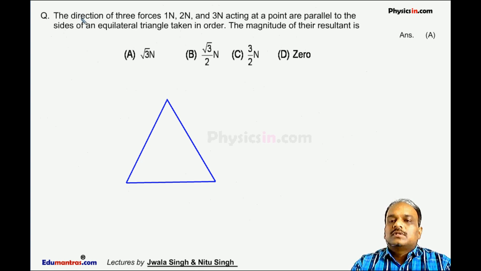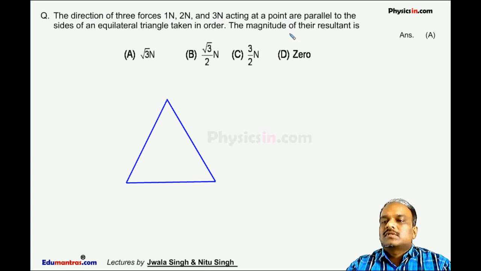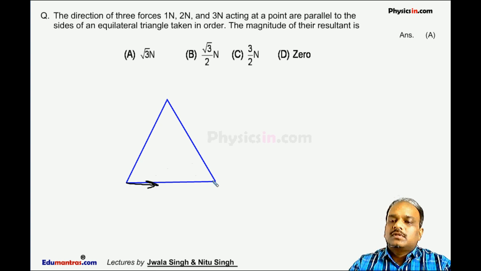Next question. The directions of three forces 1 Newton, 2 Newton, 3 Newton, acting at a point, are parallel to the sides of a triangle taken in order. This is 1 Newton, this is 2 Newton, and this is 3 Newton.